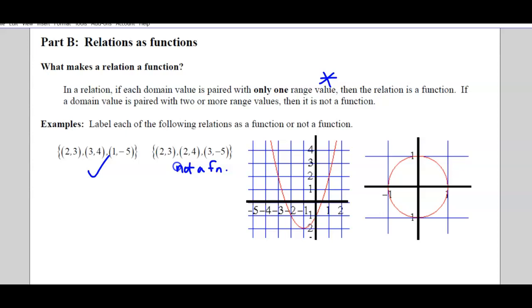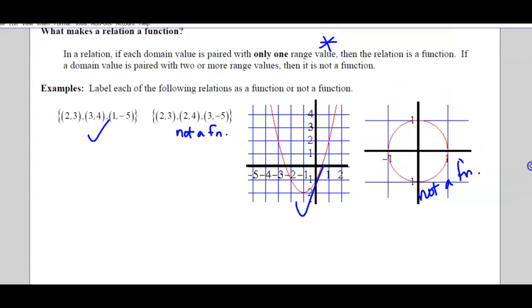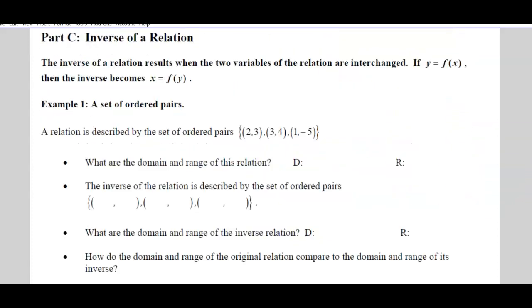For every vertical line, it only passes once, so that is a function. Here, except on the ends, it touches twice, so it's not a function. So this is review for Math 10.